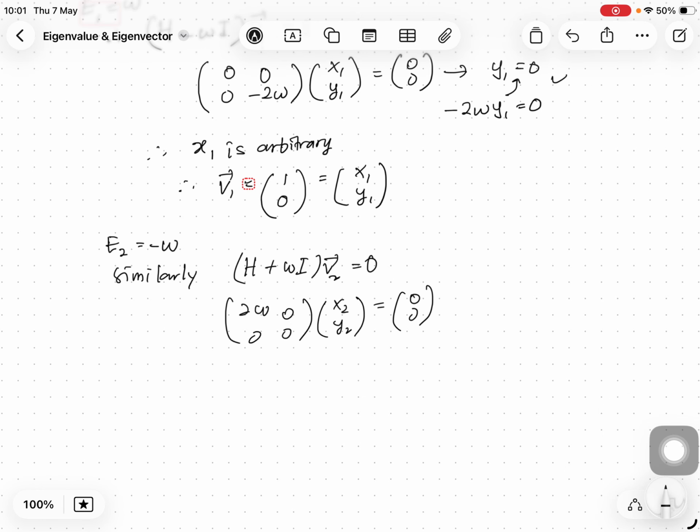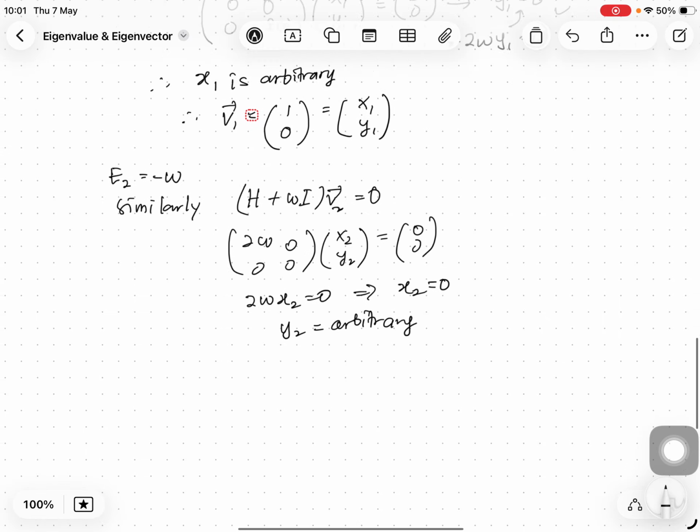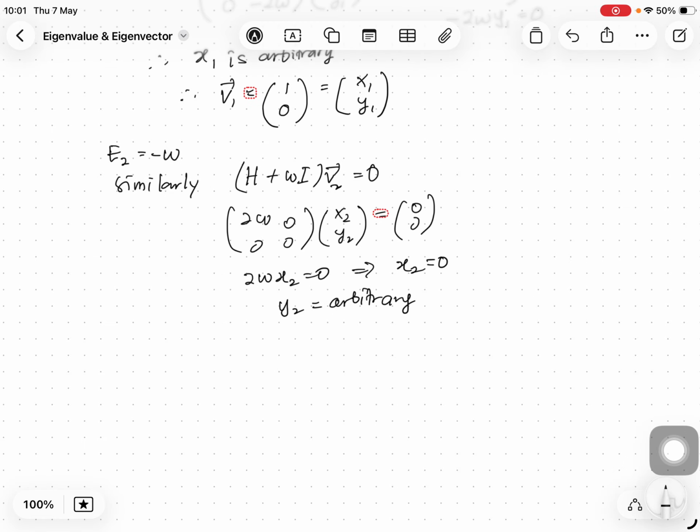Again over here, your 2 omega x2 equals 0, so this implies x2 equals 0. Then your y2 is arbitrary. Therefore, your V2 is 0, 1. We choose 1.